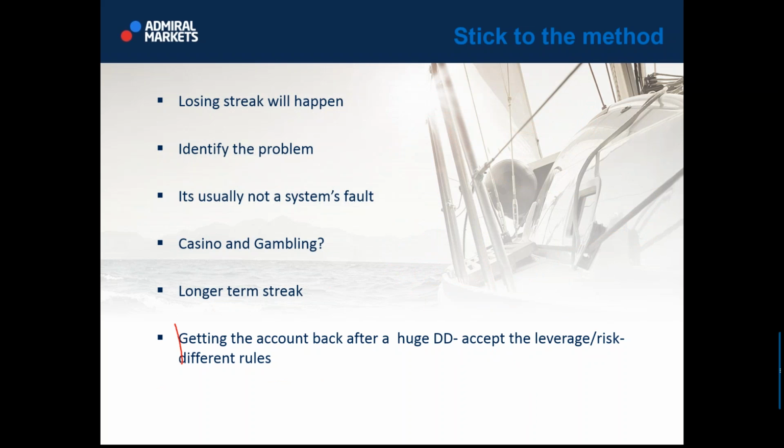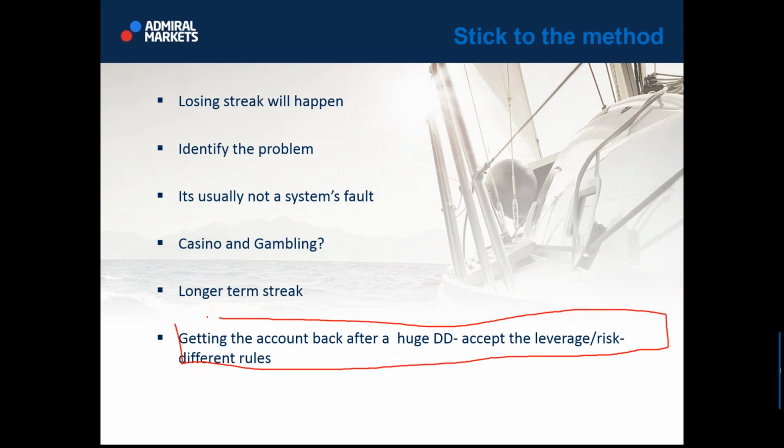So this is something which is only done on extreme occasions, not every time. This is something which you do after you lost a lot. Then you need to try to take a high risk in order to bring back your account.